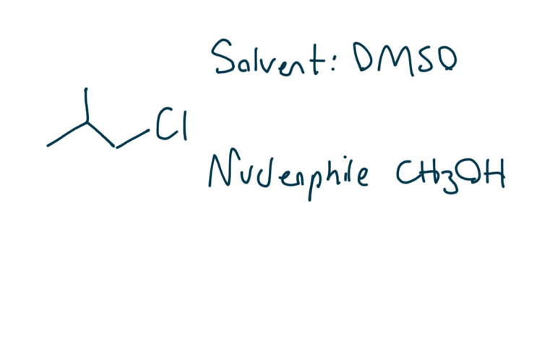Okay, what kind of substitution is this? Well, let's look at the carbons first. What kind of carbon do we have here? How many carbons is it bonded to? It's bonded to this one. So this is primary.